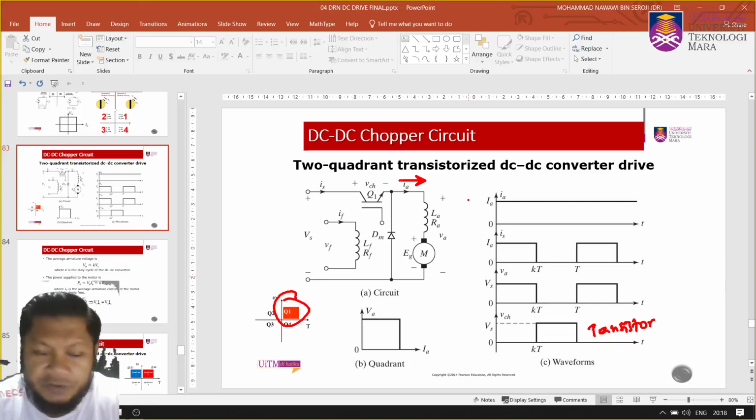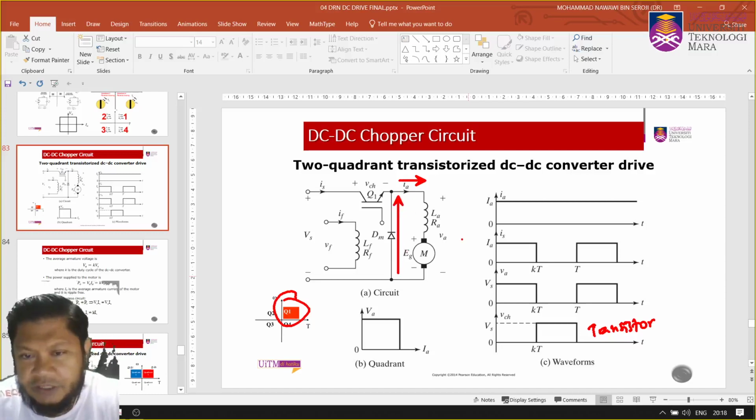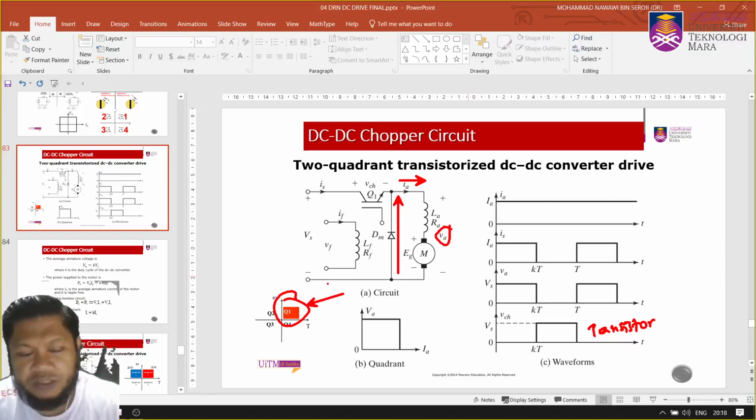The voltage also can be only positive across the terminals here. So VA is only positive, so it only can work on quadrant 1.